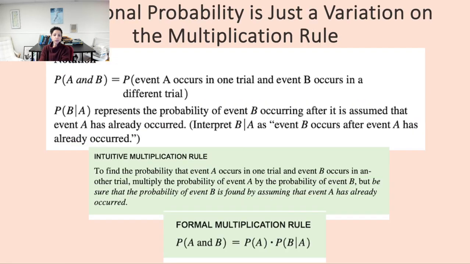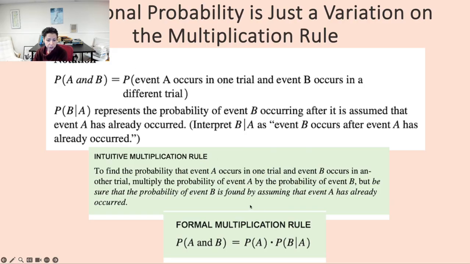And so this conditional probability is really just a variation on our multiplication rule. If we remember our multiplication rule, this was when we had the overlap. We wanted to know A and B occurring, right? So the probability of A and B occurring in the same trial, and then A and B happening in different trials. And the probability of B given A represents the probability of B occurring after A has already occurred.